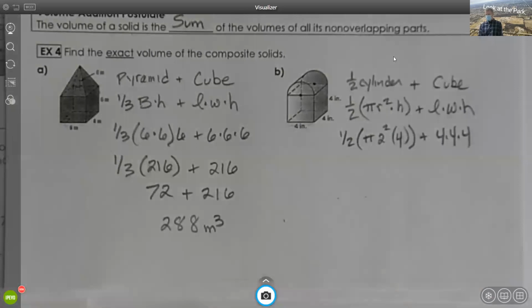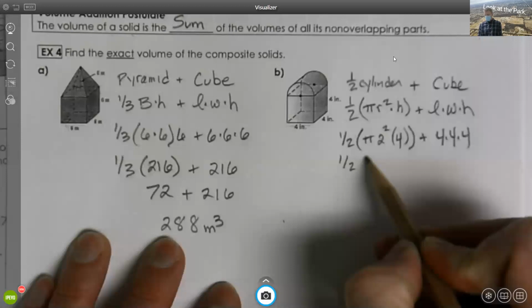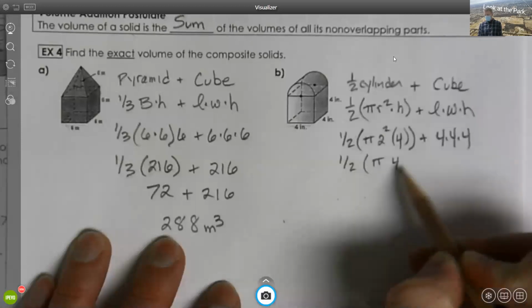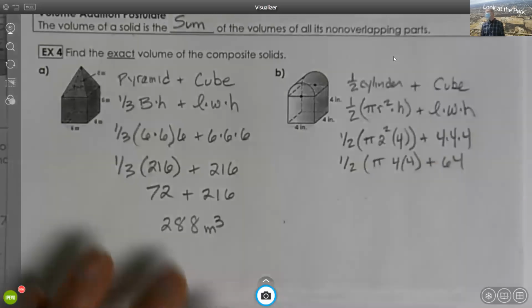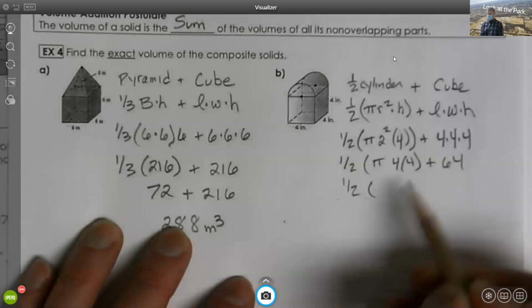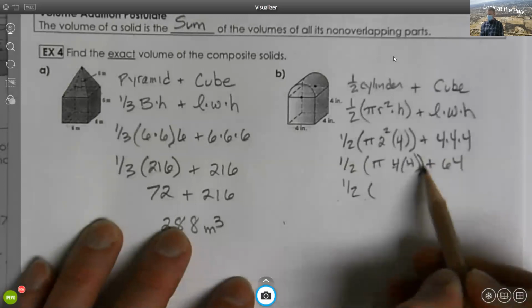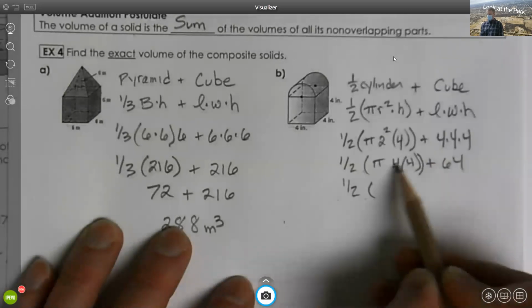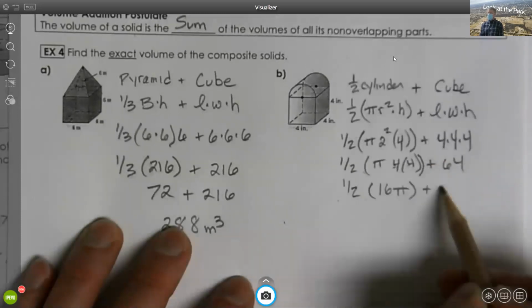Good question. 4 times 4 is 16, and that 16 times 4 is 64. So we have half of 4 times 4. Got another set of parentheses in here too to close off that one. 4 times 4 is 16, so we have 16 pi plus an additional 64.